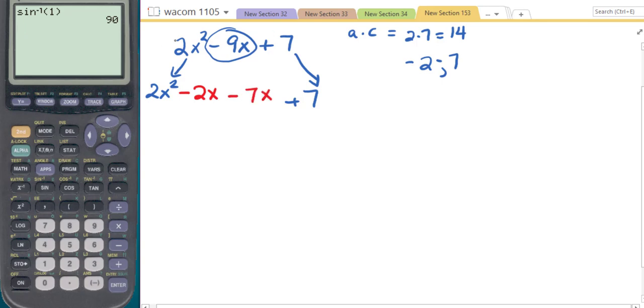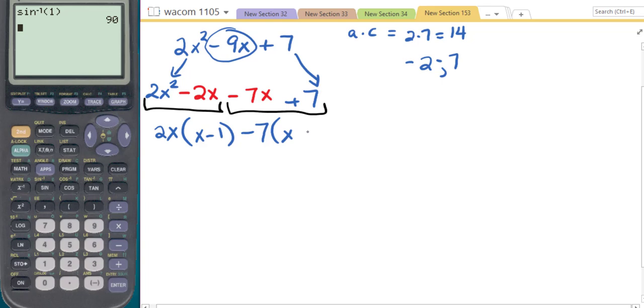So we've changed the problem. It is equivalent to that problem. We're now going to do it by grouping. In the first group, we'll take out a 2x, and that leaves x minus 1. In the second group, we'll take out a negative 7, and that leaves x minus 1. We took a negative out, so that's going to leave a negative 1. And when you factor this way, you want these to match a common binomial.